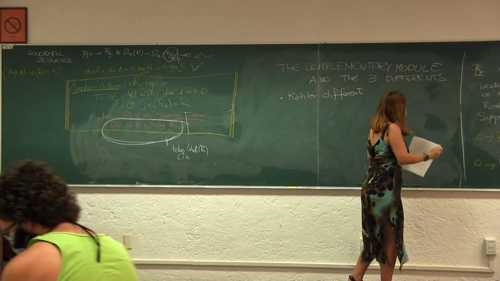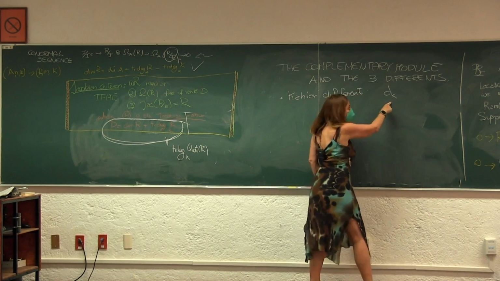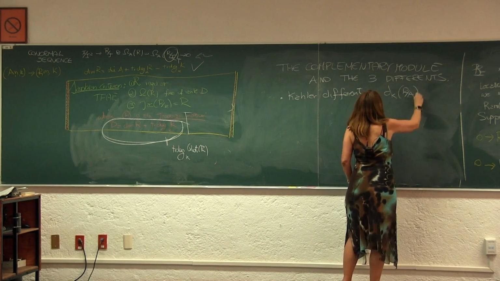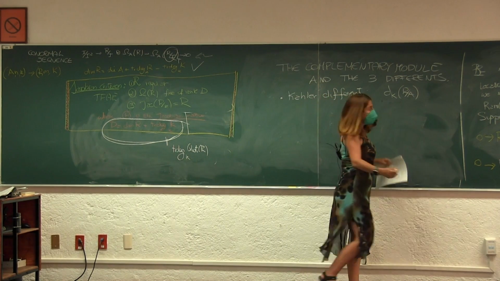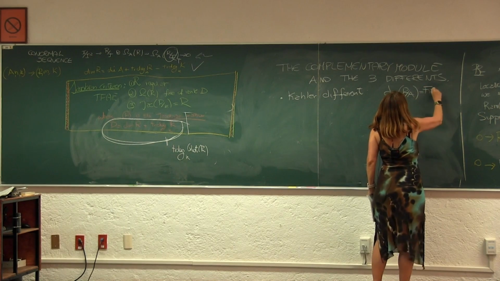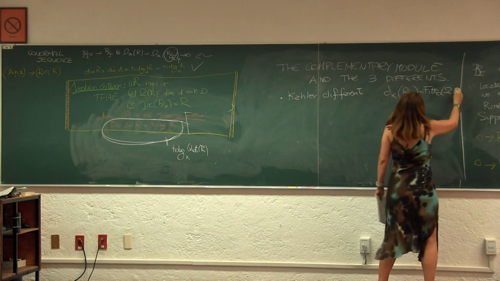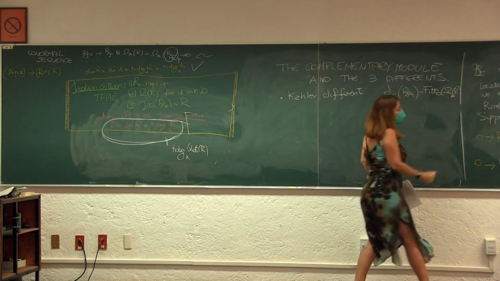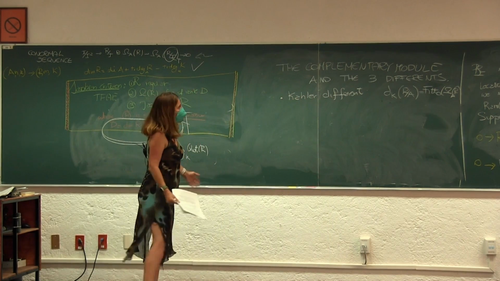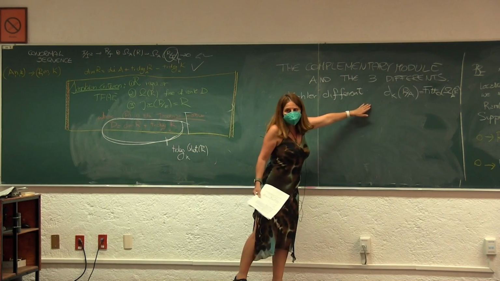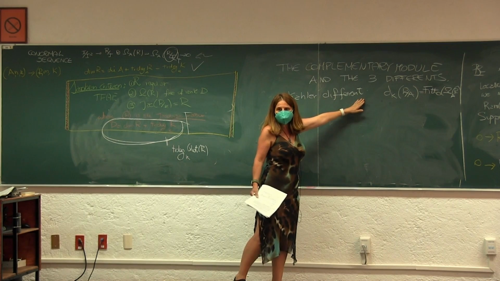If you remember, we called it D of K, the Kähler different of R over A. And this guy was simply, you remember, the ideal that determined the ramification locus of omega R over A. Remember? So, the maximal minors of the Jacobian matrix. Very easy to compute, very easy to understand, and defines the ramification locus.